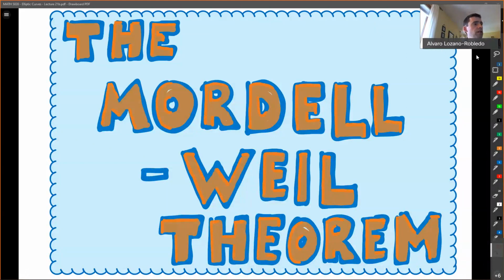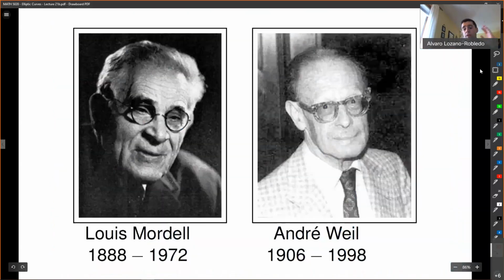Let me first give you an overview of what happened, how was this proved. So the Mordell-Weil theorem is named after Louis Mordell and André Weil. Mordell proved it. So the Mordell-Weil theorem, as we know it, was a conjecture.